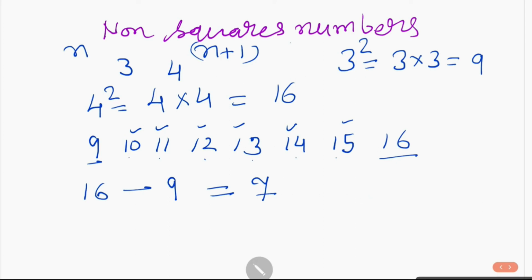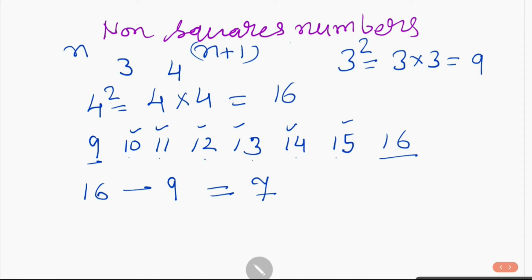So the difference is 7, and the count of non-square numbers is always one less than this. So what will be the rule for this?